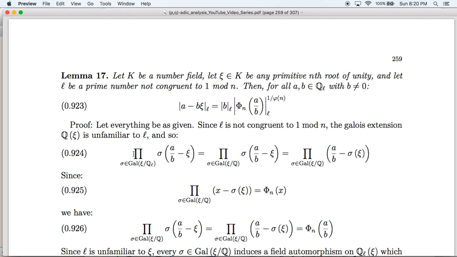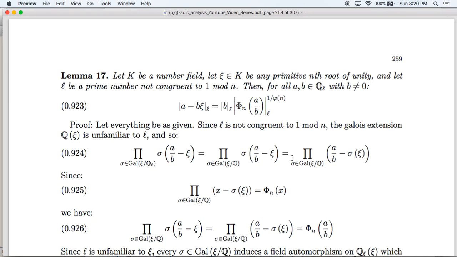So we then get that the field norm of a over b minus c, where we take the field norm in the l-adic world, because of the unfamiliarity, we can pass from the Galois group of C over QL, which means the smallest Galois extension of QL containing C. This is then going to be equal to the product over the Galois group of the smallest Galois extension of Q containing C, which of course is just Q of C, since C is a primitive root of unity.